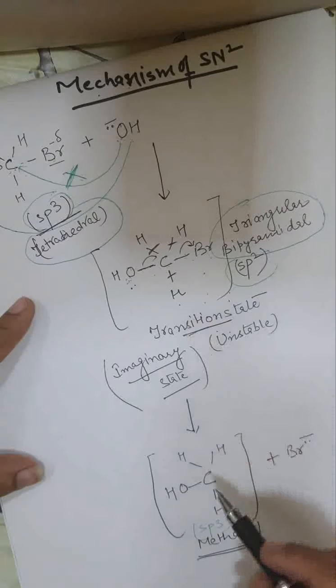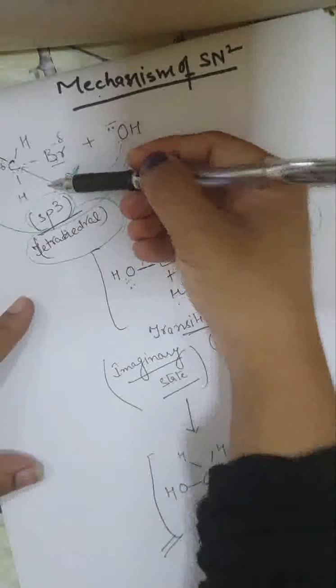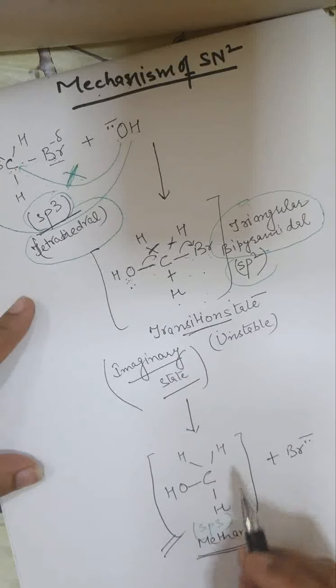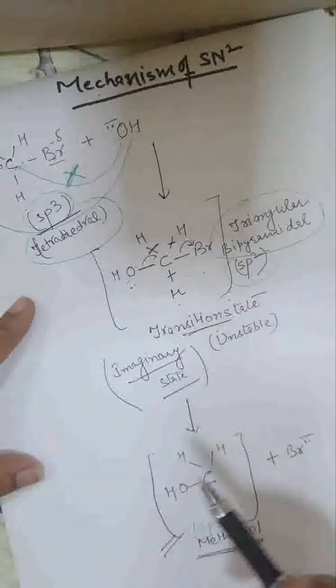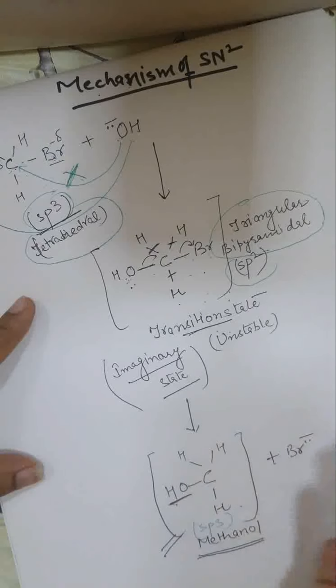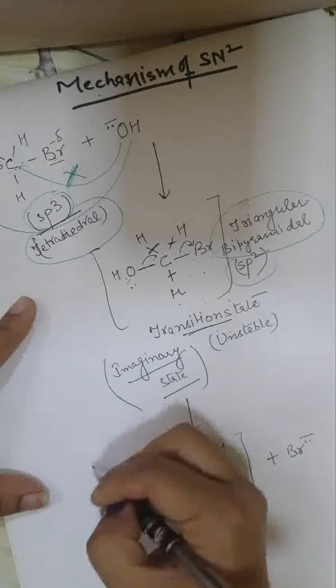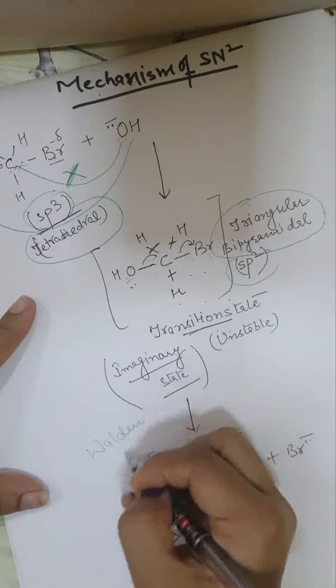Okay. Now come to the configuration. What is the configuration in this product? It is clear from both structures, substrate and product, that there is a complete inversion of the configuration, because the hydroxide ion is attached to the back side of the leaving group. So there is a complete inversion, which is called Walden inversion.